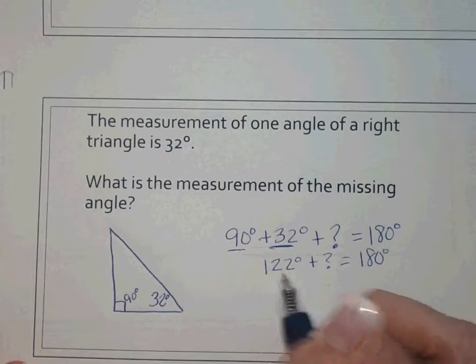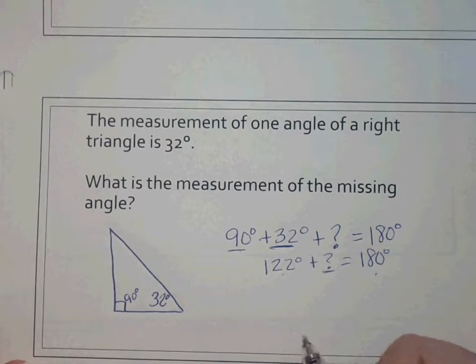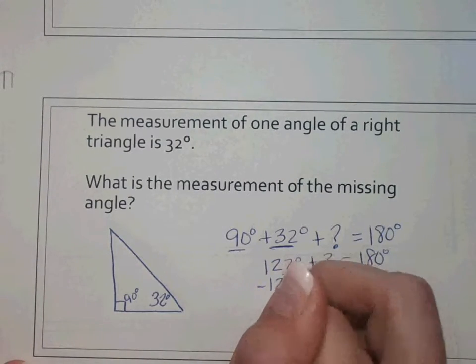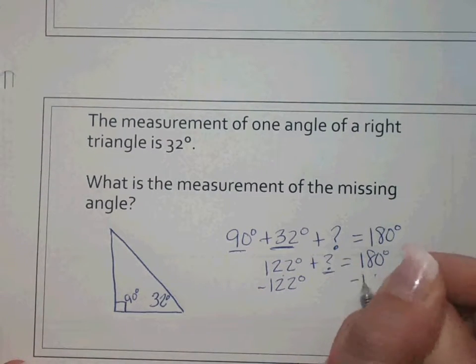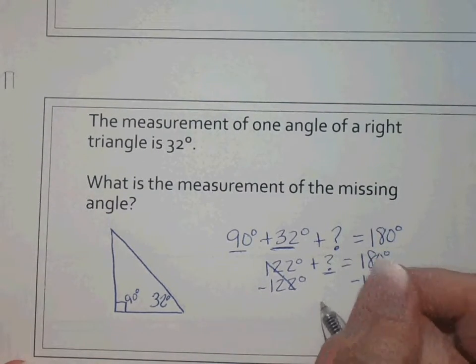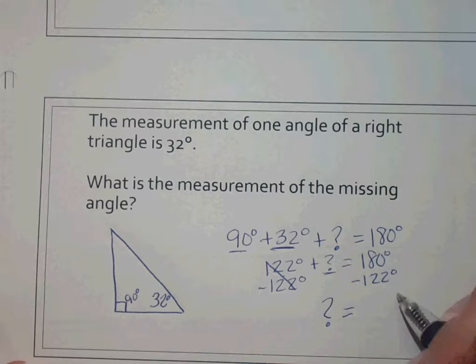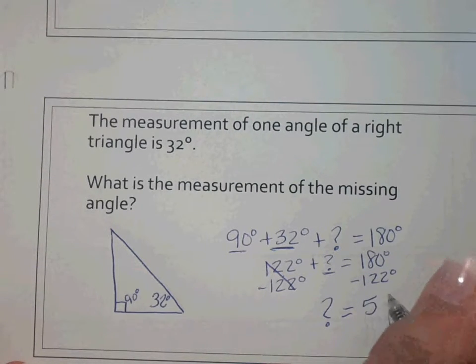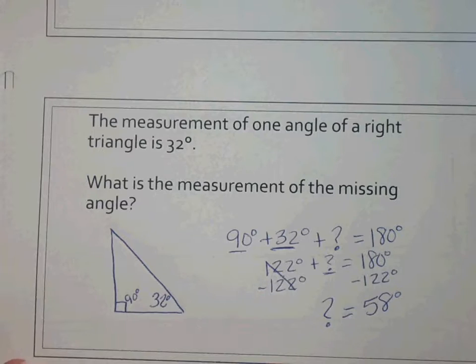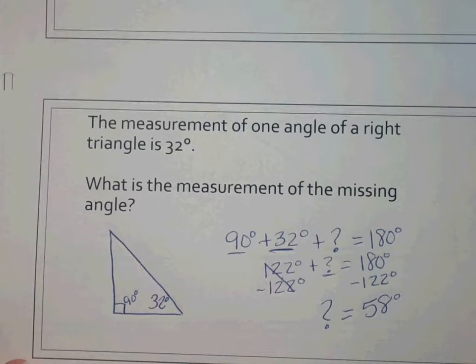Okay, and then I'm going to take my 122 and subtract it from 180 so I can get my question mark by itself. So I'm going to subtract from both sides of the equation. Over here you create that zero pair. And 180 minus 122 does give me 58 degrees.